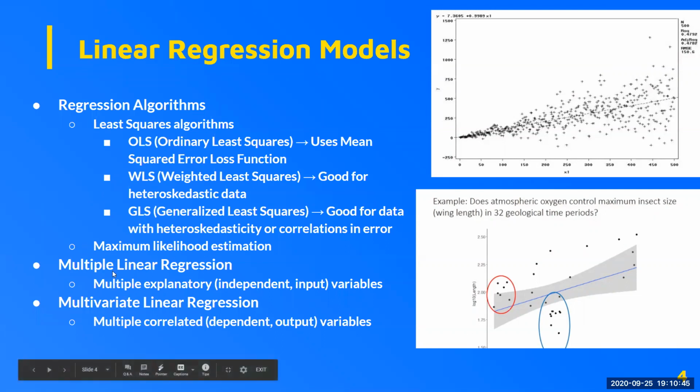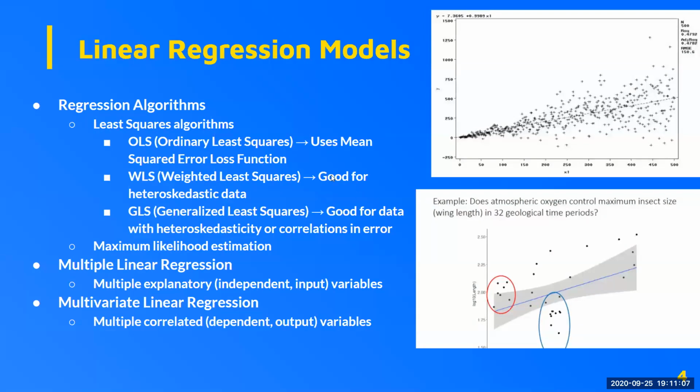And then the other two are multiple linear regression and multivariate linear regression. Multiple linear regression is whenever you have more than one input variable. So here we'd have just simple linear regression, which is one input numerical value and one output numerical value.